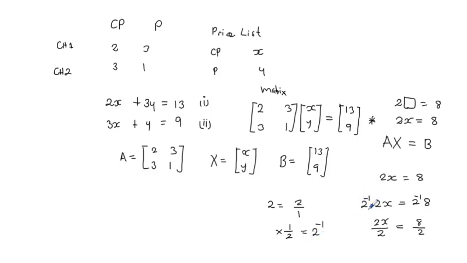Actually, we are pre-multiplying 8 by 2 to the power minus 1. Now the idea is, this is an equation where we don't know x and we don't know y. So we want to take these ideas and see whether we can use them to solve this equation.